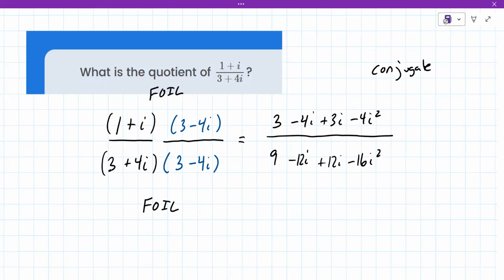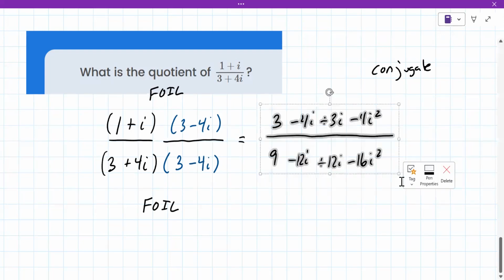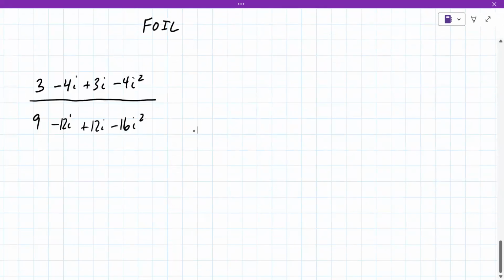All right, now, a couple of things here. We're going to look at just the numerator and then just the denominator. Let's reframe it here. In the numerator, it's really 3 minus 1i, because minus 4i and positive 3i make minus 1i.